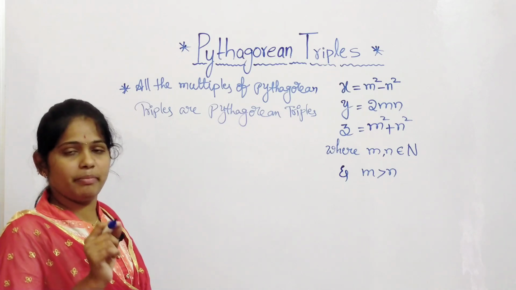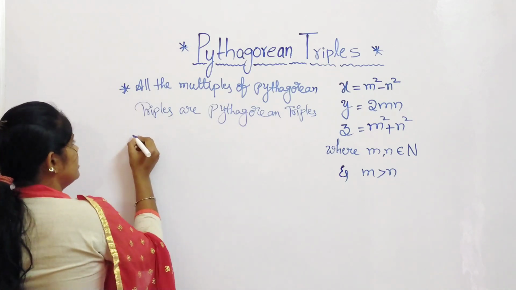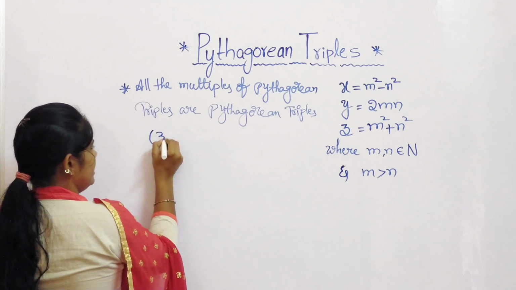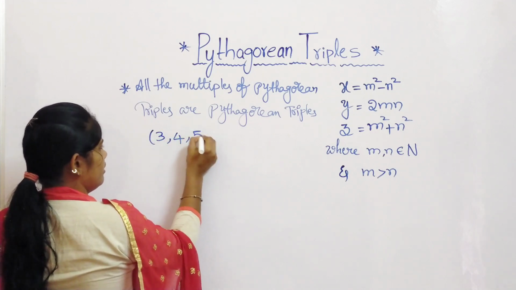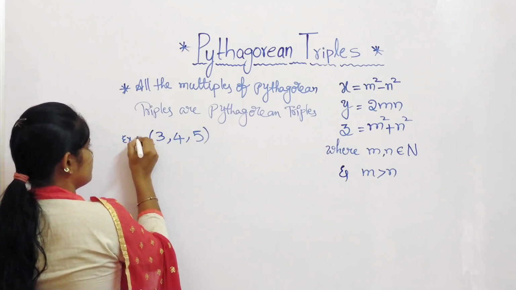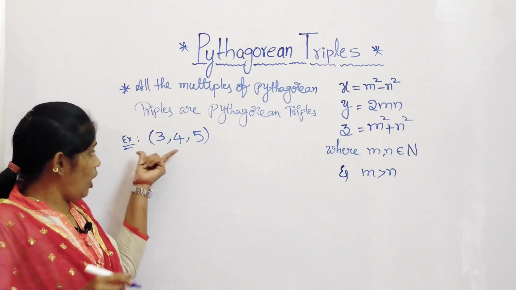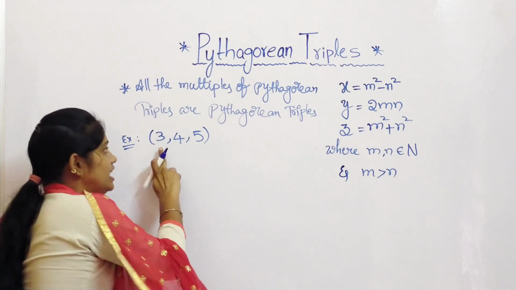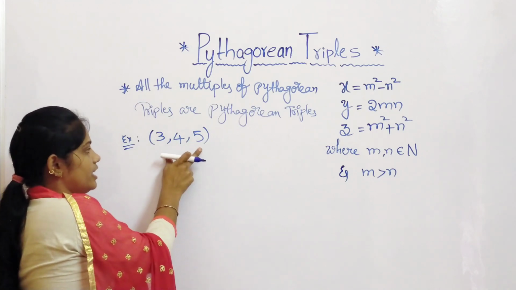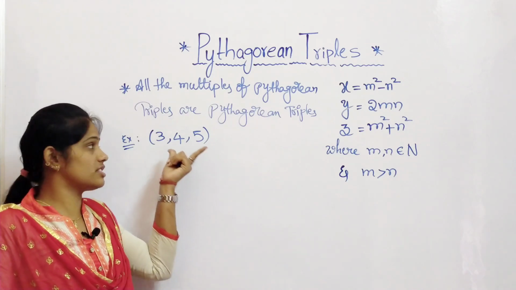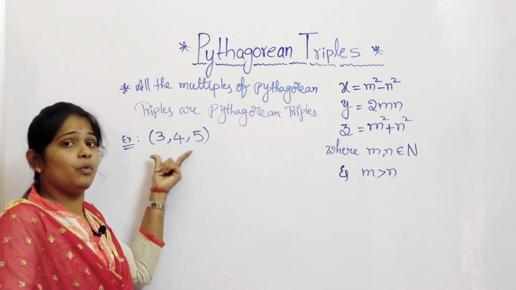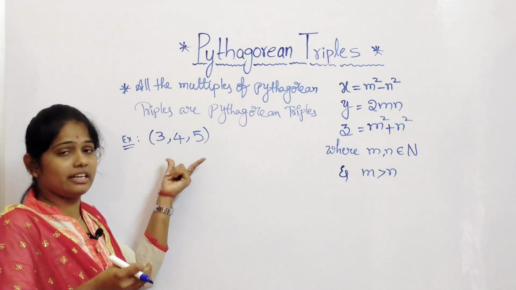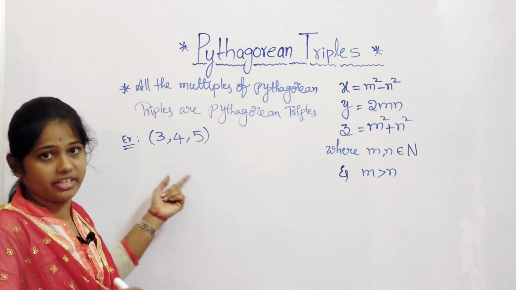Initially let us consider the basic Pythagorean triple, that is 3, 4, 5. All of its multiples, meaning each value of this Pythagorean triple multiplied with the same non-negative number, whatever the resulting values are, that is also going to be a Pythagorean triple.